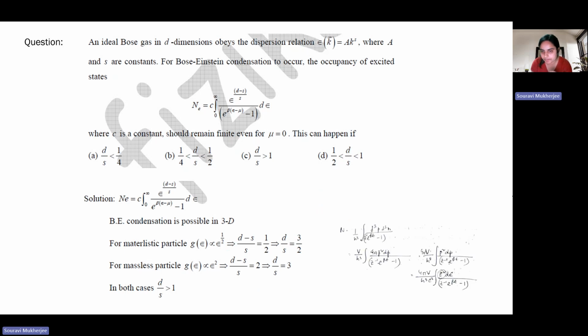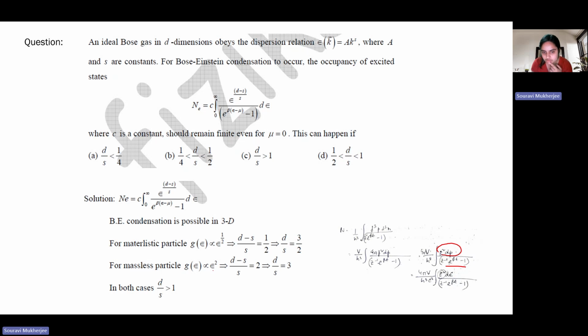So basically, if this is how you define the total number of particles, you're doing an integration over the phase space volume. So you have 4 pi p squared dp. This comes from the mean occupation number, and you have a V by h cube outside the integral. Here you have a p squared dp, which is in terms of momentum, and you can change it in terms of energy.